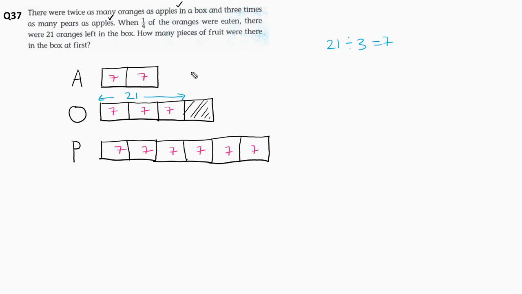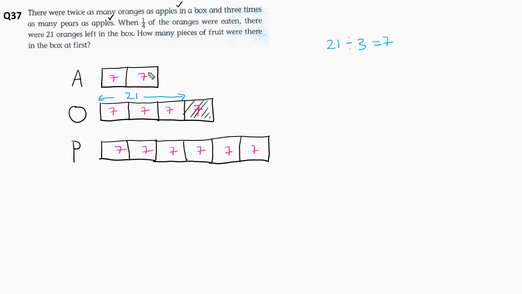And what are we asked? We're asked how many pieces of fruit were there in the box at first. Now, remember, that includes all of the pieces of fruit before they were eaten. So really, I should have put a value in for that as well, because that also has a value of 7. And that was there at the beginning, at first.